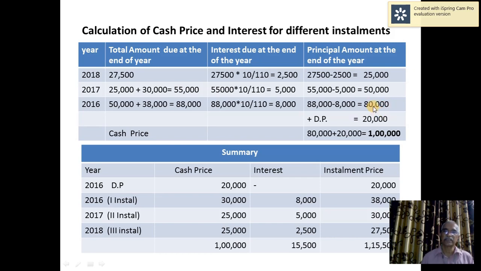To this amount, you have to add the down payment. So 80,000 plus 20,000 is equal to the cash price, 1 lakh. Since we start from the last installment and then reach the first installment, this method is called the back calculation method. Whatever we have calculated here, let us sum it up.